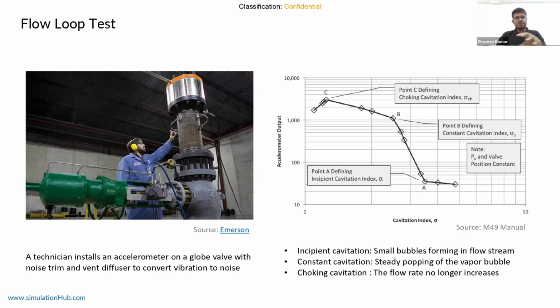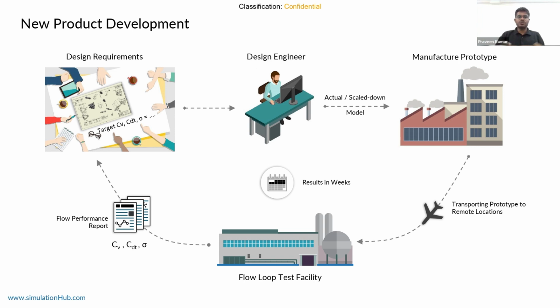But how does this whole process work? It starts with, let's say, you have a design target or design requirement. You're developing a new product for a customer or for industry, and you have certain design requirements. You have a certain target Cv, torque if it is a rotary valve, and cavitation index or some cavitation performance as a target, FL and those things.